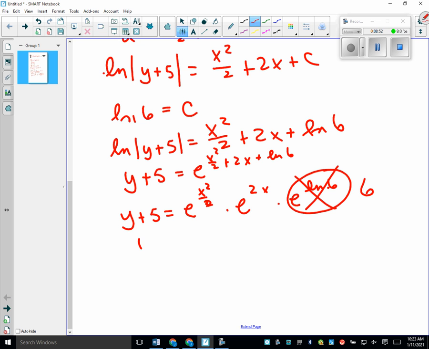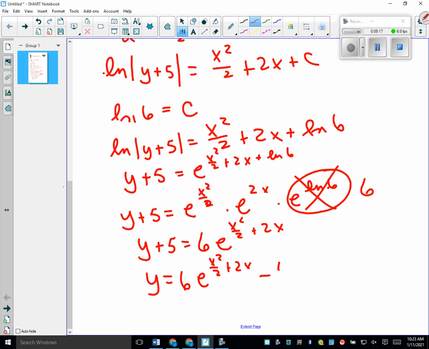So, y plus 5 equals 6 e to the x squared over 2 plus 2x. I put that back together. Let me just minus 5 from both sides. So y equals 6 e to the x squared over 2 plus 2x, the whole thing minus 5.